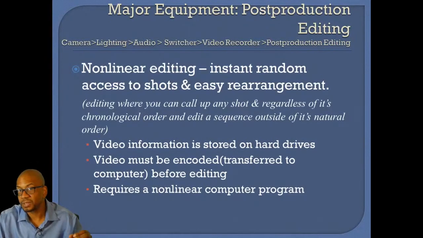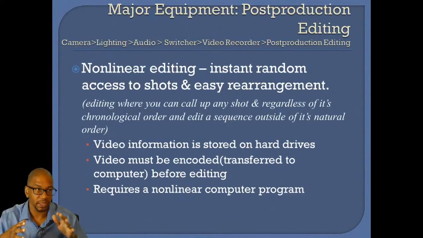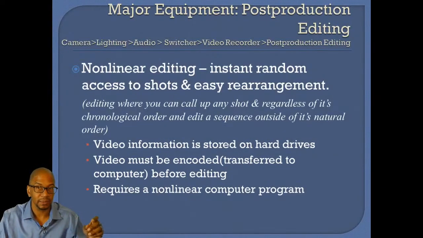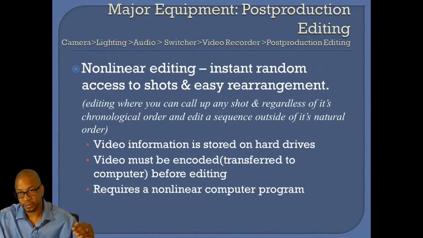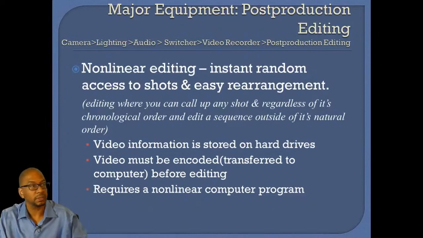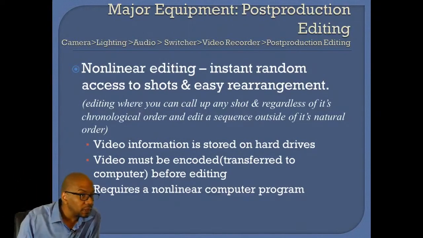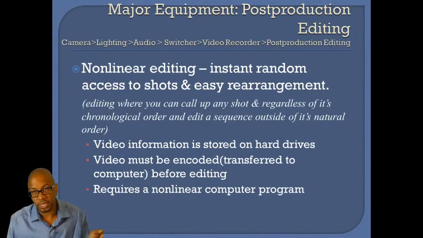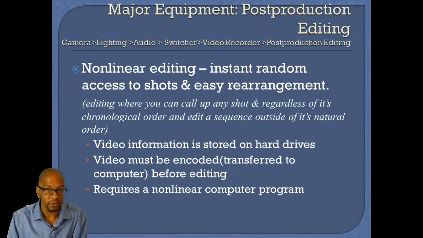Now, it doesn't take 30 minutes to rewind, but you still have to go through the rewinding process to get to that clip. In nonlinear, you just have a list of clips, and you click on whichever one you want to use next. And of course, you can slide that into whatever order you want on the timeline, or in Final Cut Pro 10 terms, onto the project.